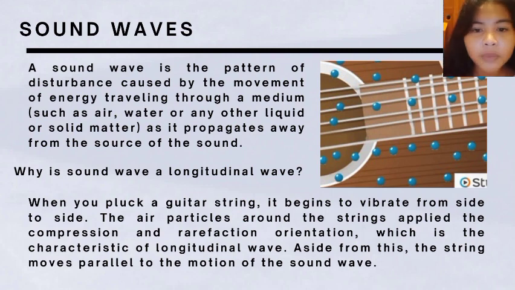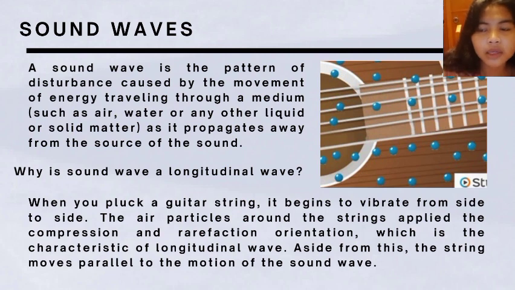So if there is compression and rarefaction that happens in a medium, that automatically means it is a longitudinal wave. A good example, as you've observed, is if you pluck the guitar string, some of the air particles will be compressed.